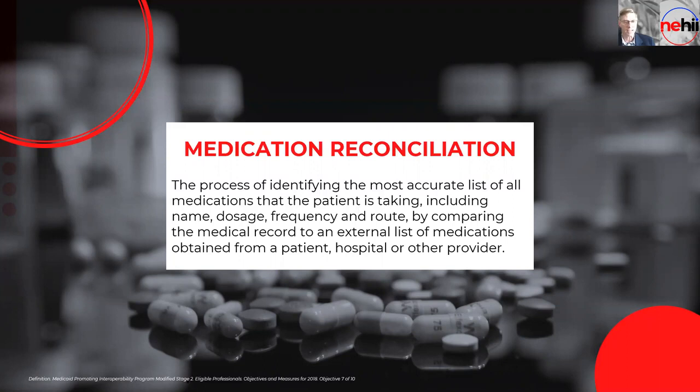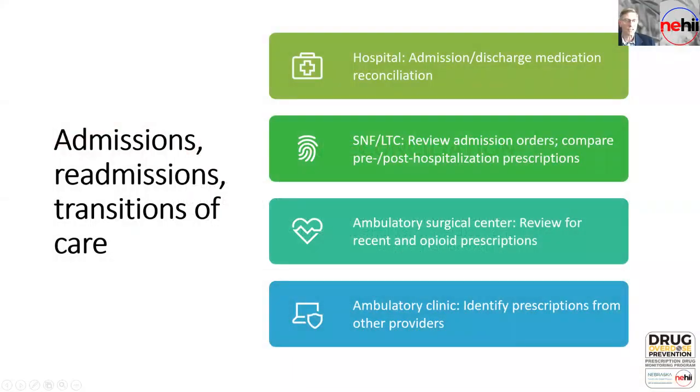It's missing data. And this gets to be a challenge when you're talking about those transitions of care, whether the patient is coming from home or a nursing facility to the hospital. You have those admission orders, and you're trying to figure out what the patient was really on at home.